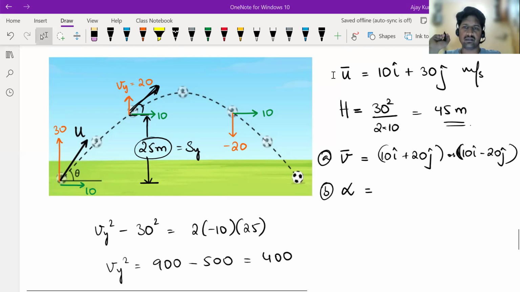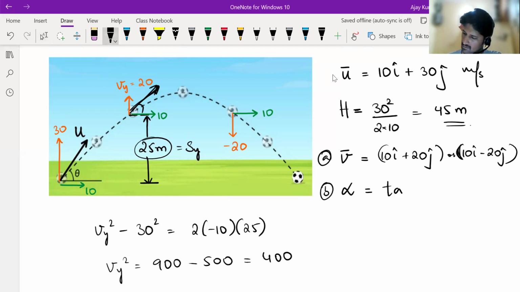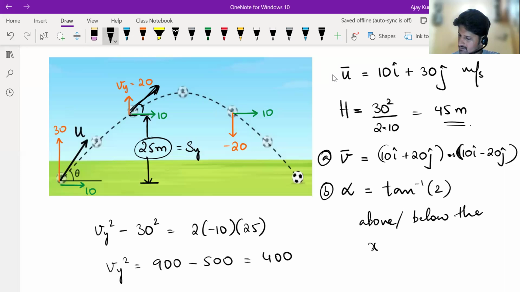Any questions, anyone? Any doubts in this? Angle is tan inverse of 2 above or below the x-axis. For ascent it is above the x-axis, for descent it is below the x-axis, same angle. Okay.